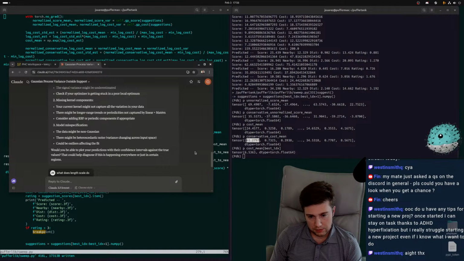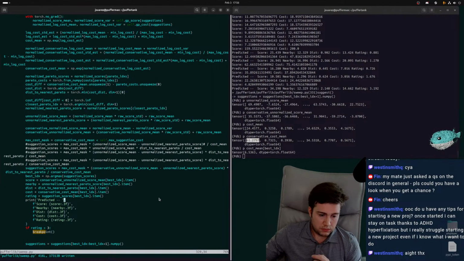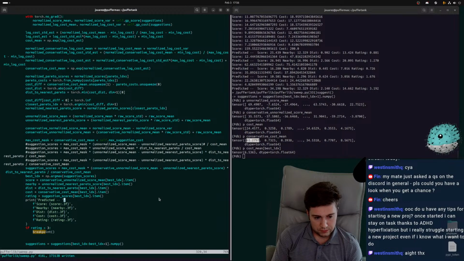That really penalizes. But statistically, that doesn't make any sense to divide your prediction by the variance. I can see what happens for the hell of it.